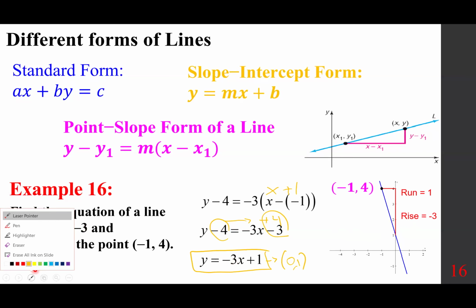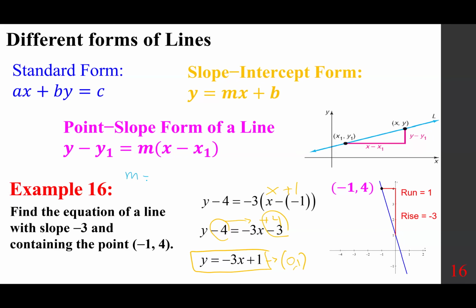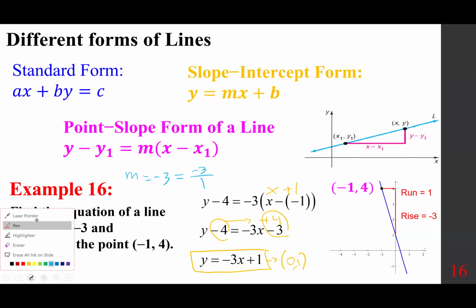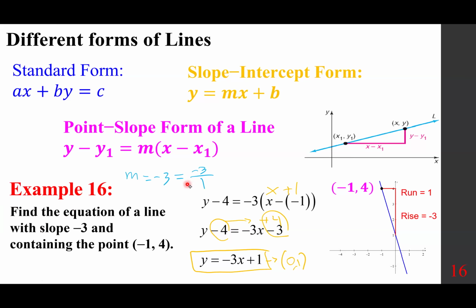Let me just write that, as, for example, -3 over 1. You have to put it in a fractional form so that it becomes clear. If you write it as such, then the run is positive 1, the rise is negative 3. That's what they are showing here.